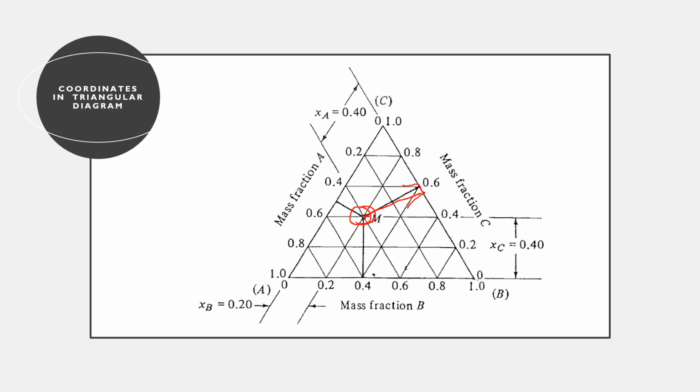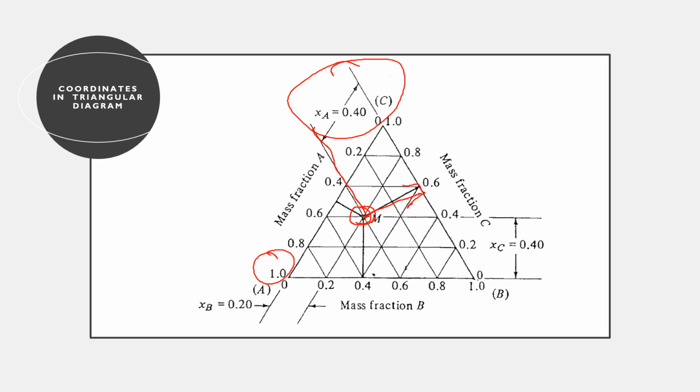the distance here gives the composition of component A, given by XA. From this scale, since this vertex is 100%, reading to 0.4 means it is 40% of component A. Let's have a look at another distance in this diagram.